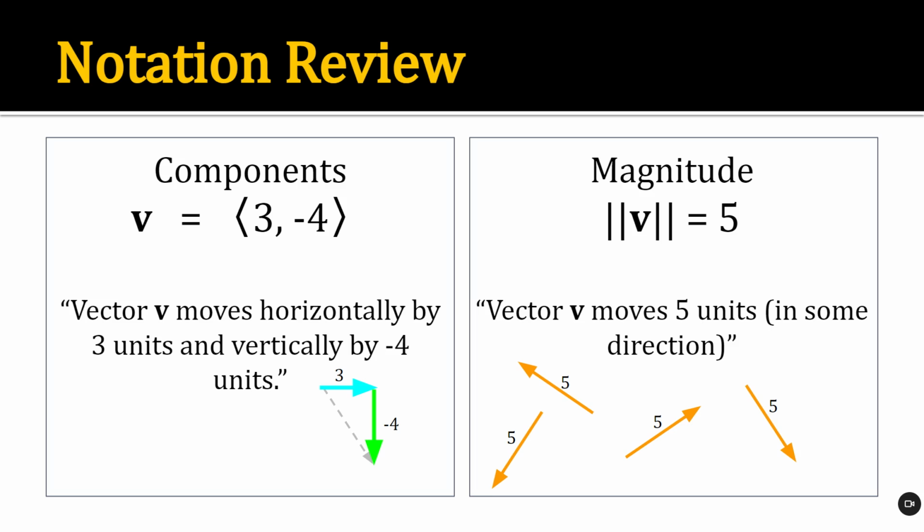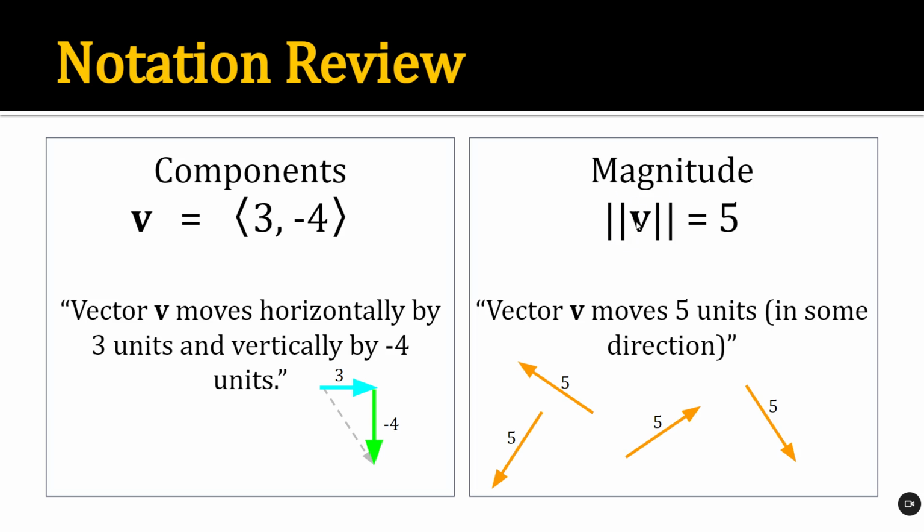Let's review some notation. We've got components. Vector v has components of 3 and -4. In other words, vector v moves horizontally by 3 units and vertically by -4 units. So if vector v is this dashed gray vector over here, we could analyze it by saying that it's basically moving right by 3 and down by 4.